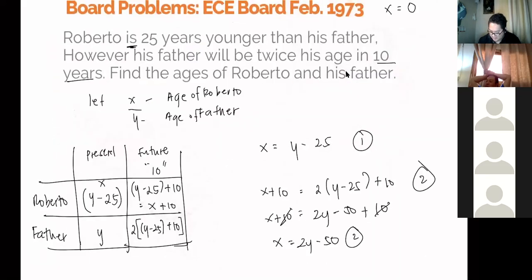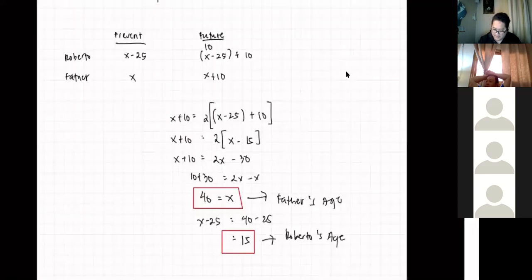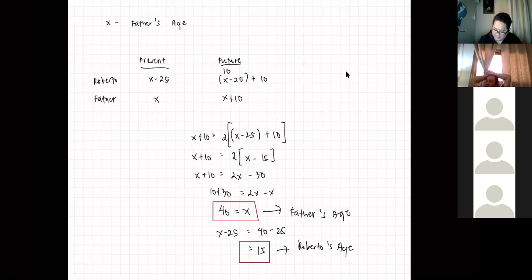Okay? So nalito ako dito kasi nag-assume ako ng dalawang variable dito. No? Kaya nalito dito. Pero dito, mas malinaw dito na yung father's age is X, then 25 years younger si Roberto. And in the future, yung father niya mag-edad siya ng 10 years.